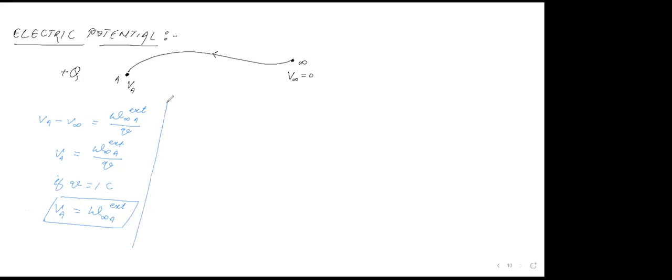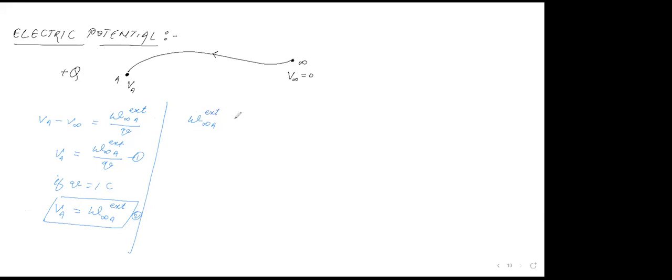Now, for variable field, this is your equation 1 and this is your equation number 2. What is your W infinity to A externally?